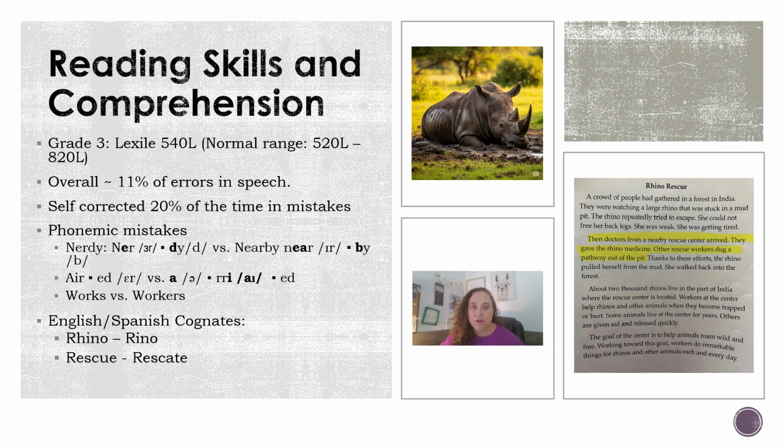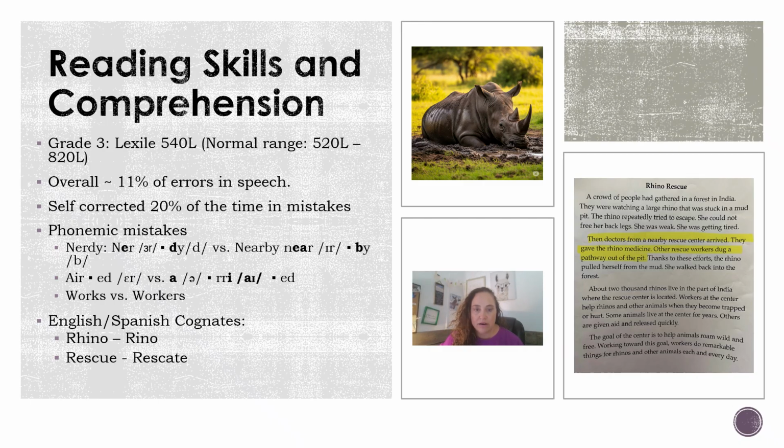And so if you notice, she has a couple phonemic mistakes. That first one, she says the word nerdy. She's probably looking at that as a controlled R sound, a stressed vowel sound, so you don't necessarily hear the R sound.